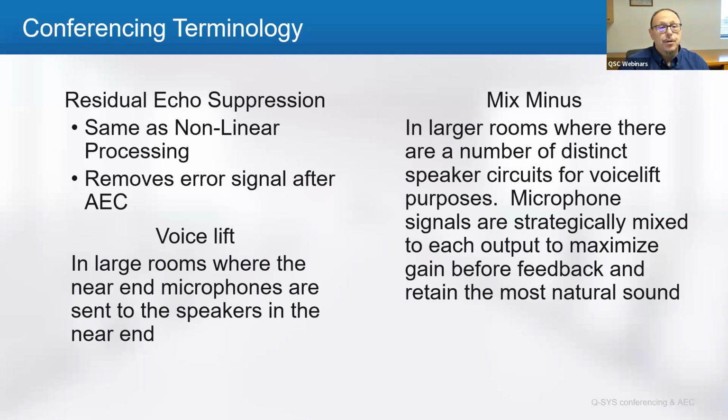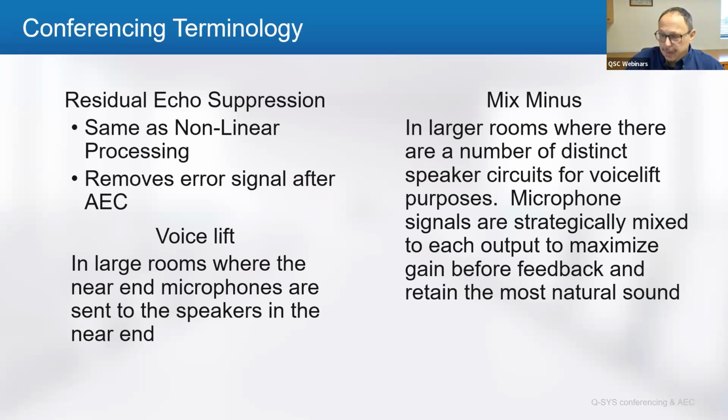Mix minus is for larger rooms where there are a number of distinct speaker circuits for voice, and we use those for voice lift purposes, but we're strategically mixing a reference for each microphone in the space, because now it isn't just the far end audio and the local program audio that's coming out of the speakers going into the mics, but it's other microphones in the room.